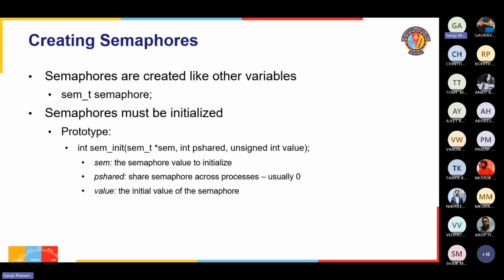Like all the variables that we've seen so far, it is sem_t, the semaphore variable. You have to initialize the semaphore to a particular value. If you want to share the semaphore across different processes, you provide this value and the initial value for this semaphore.